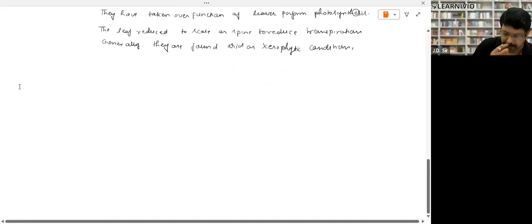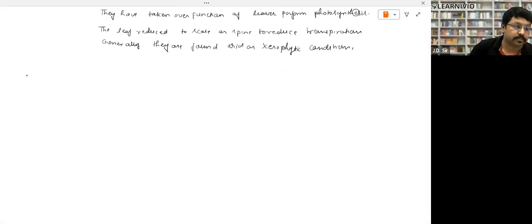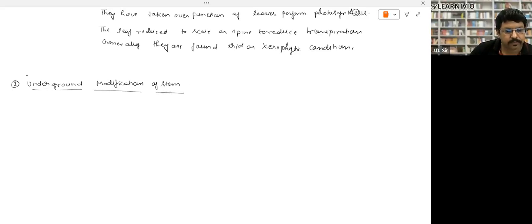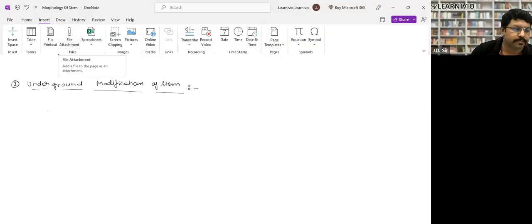The second one is underground modification of stem. First, let me show you the diagram.